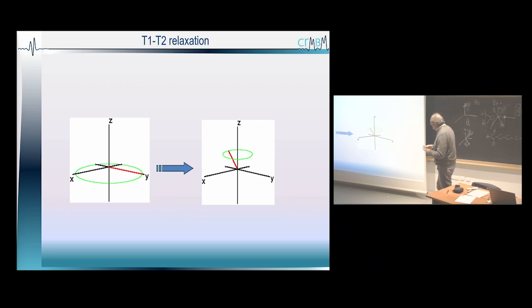It means that T2 will be the phenomenon of going from MXY back to 0, and T1 will give you information about going from MZ is 0 back to MZ. Okay, so it's a more sophisticated process combining two things.